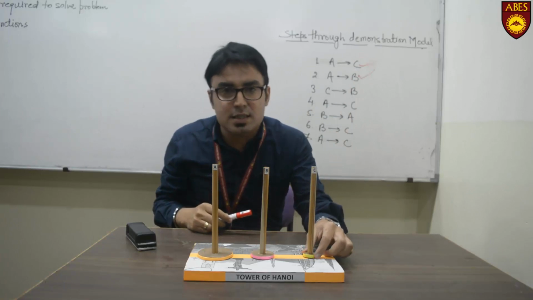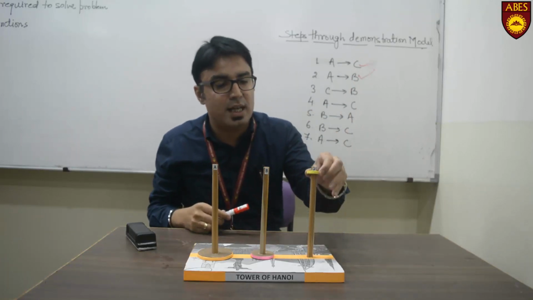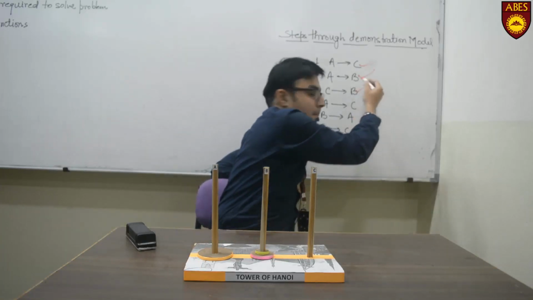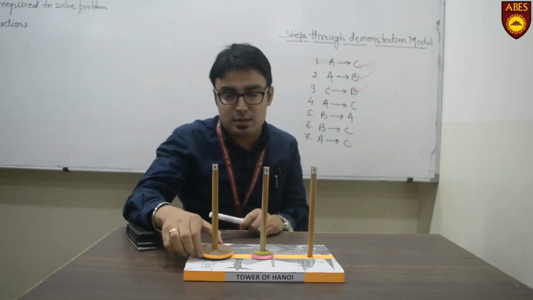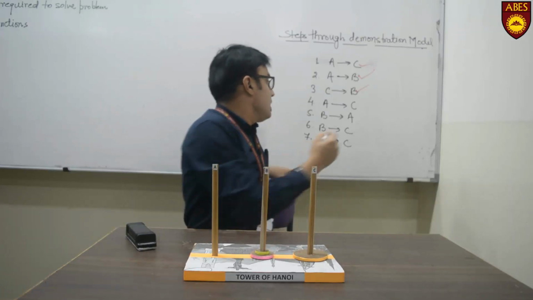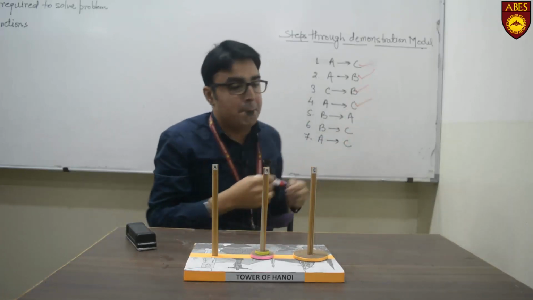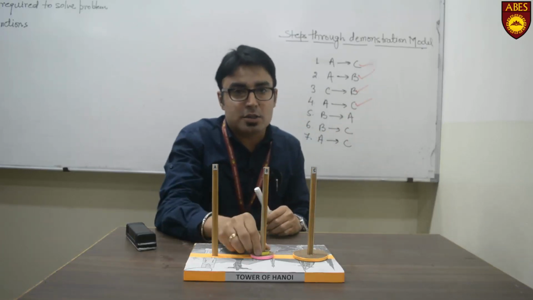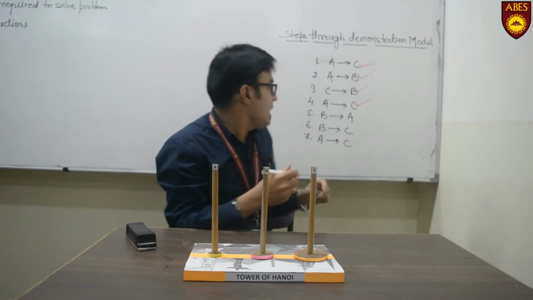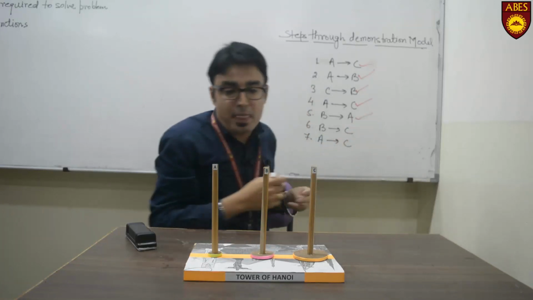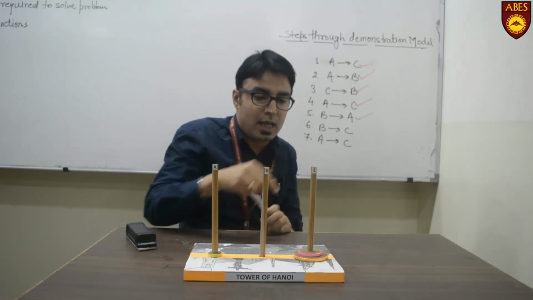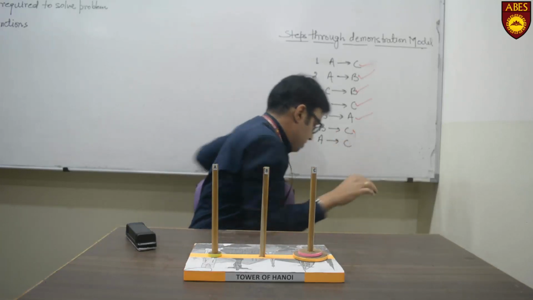Now the third step, I am transferring this smaller disk from C to B. Then the fourth step, the biggest disk in pole A, from pole A to pole C. Then the smaller one from pole B to pole A. Fifth step, then from B to C. Sixth step, B to C, I'm sorry.